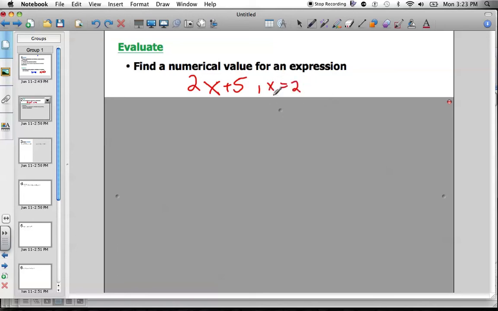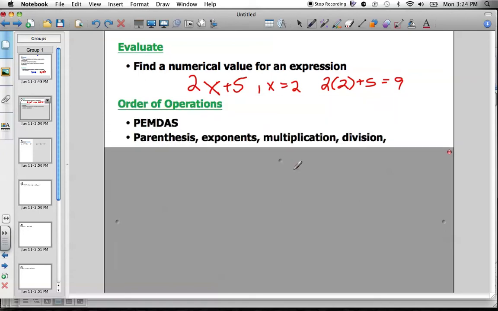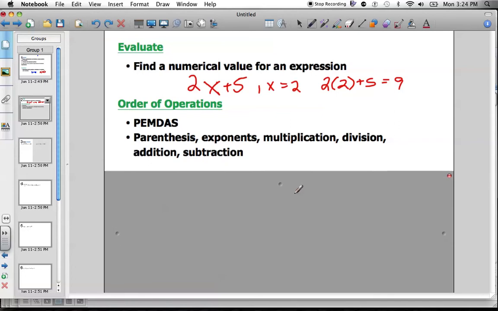We should be able to evaluate this. The way we're going to do that is we're going to substitute 2 in for x. So what you really have is 2 times 2 plus 5. And if we evaluate that expression, you'd end up with the number 9.